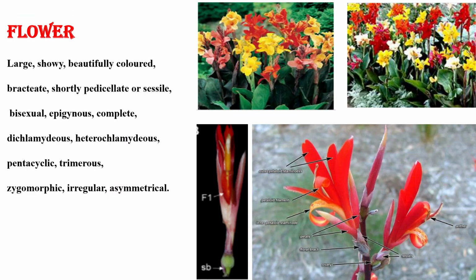Flower. Flowers are large, showy, beautifully colored. Bracteate. Bracteate means presence of bract. Bract means small leaf-like structures present at the base of the pedicel. Here in this picture we can see clearly flower has very short pedicel.